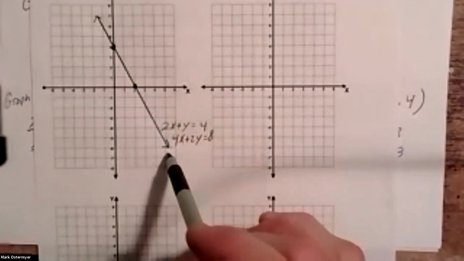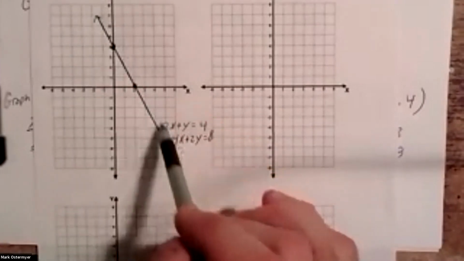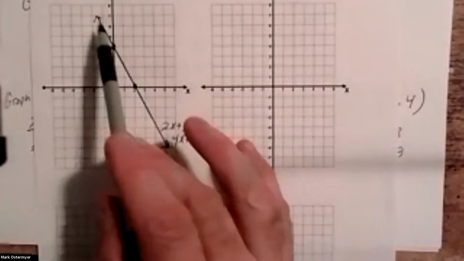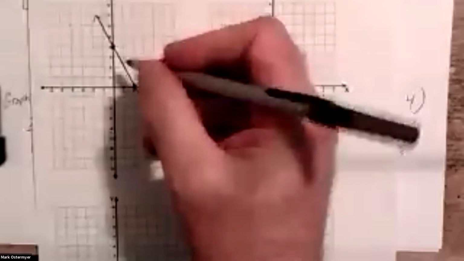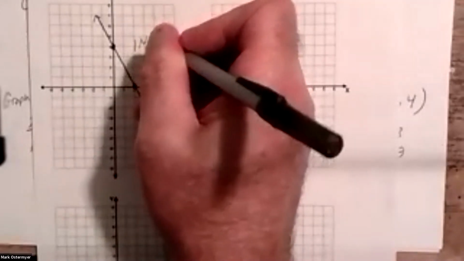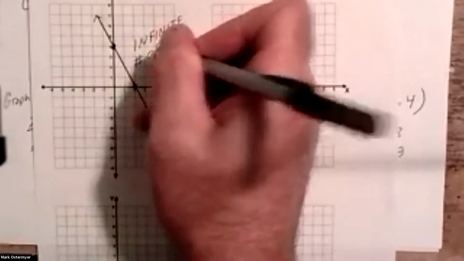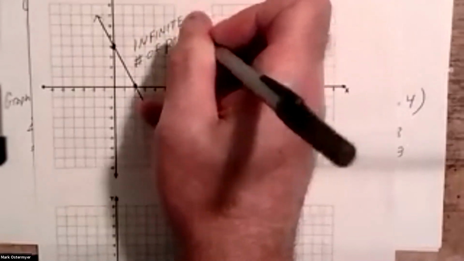So ladies and gentlemen, how many points of intersection are there between a line and itself? Would it be unlimited? An infinite number, exactly. And that's why there's an infinite number of points of intersection.